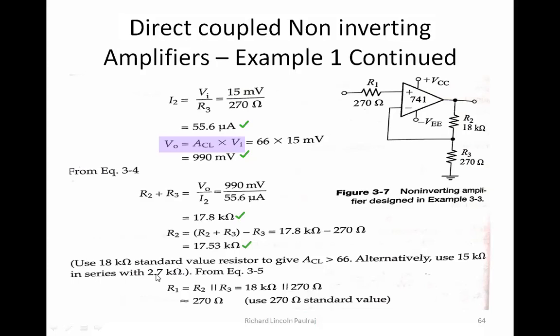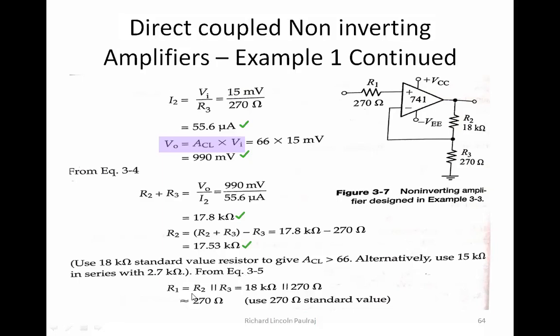This is also fine. This will give us 17.7. We can either use this 17.7 or we can use 18 kilo ohms. So you have two options. As I mentioned previously, you can put it in series.